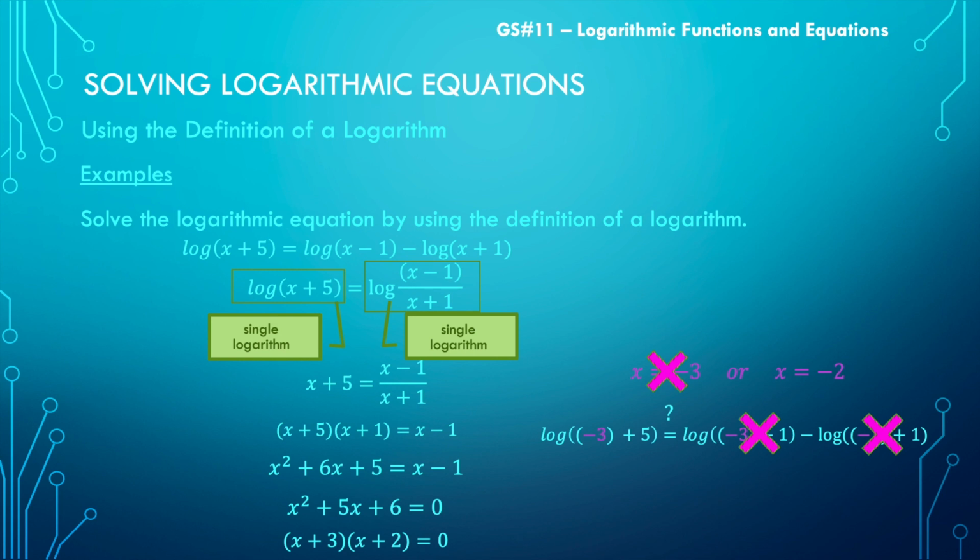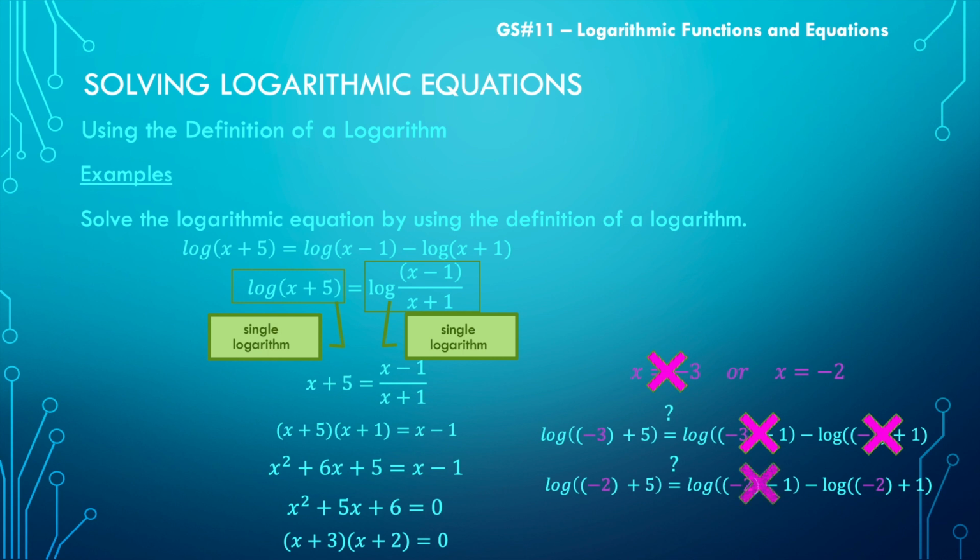So let's try x equals negative 2. We want to know, is the log of (negative 2 plus 5) equal to the log of (negative 2 minus 1) minus the log of (negative 2 plus 1)? And I'm sure you can see right away that we have similar problems.